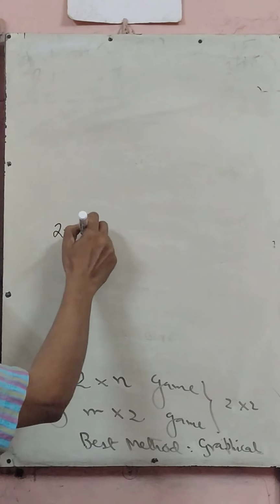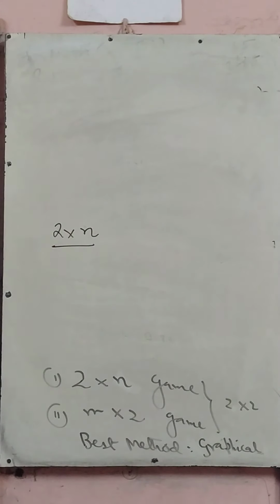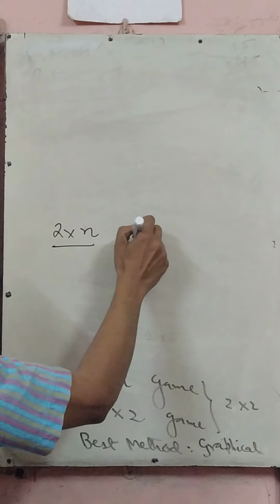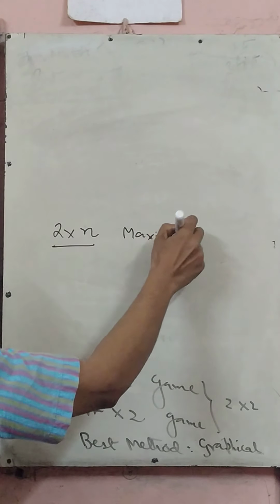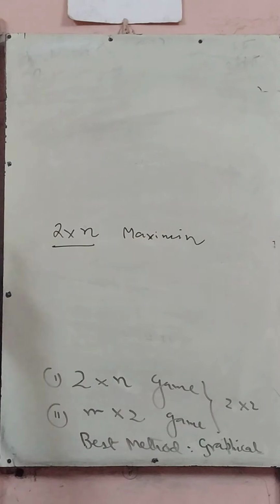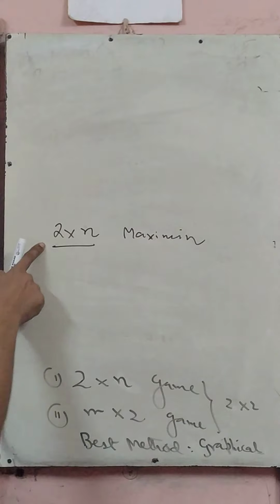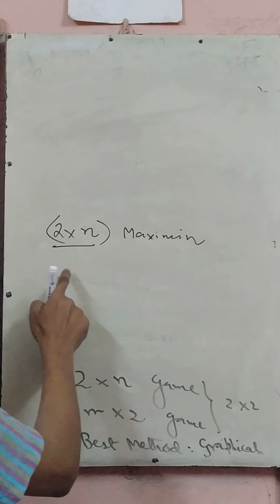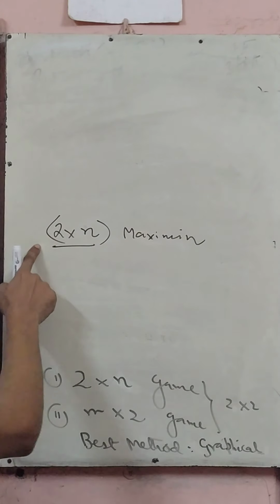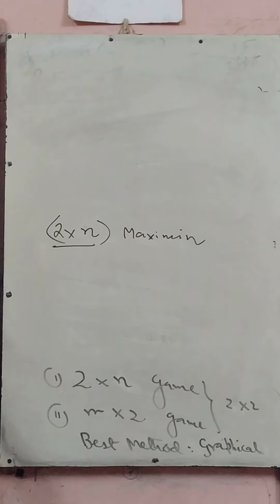For 2 rows, n columns, that is 2 by n, we will remember the maximin point, because this is A's idea. A has no problem, A has 2 rows already.